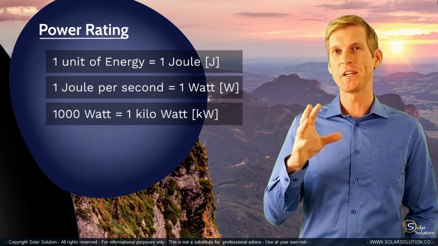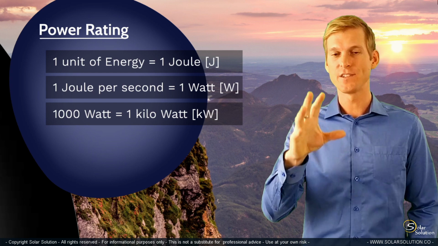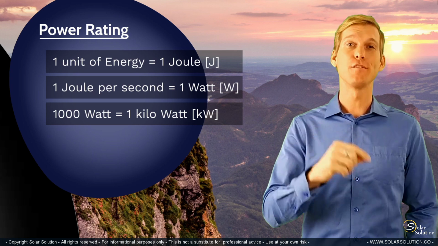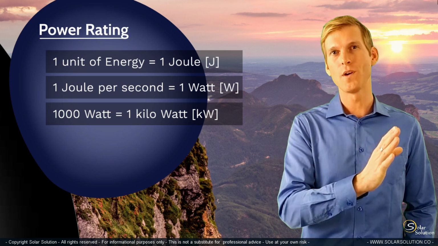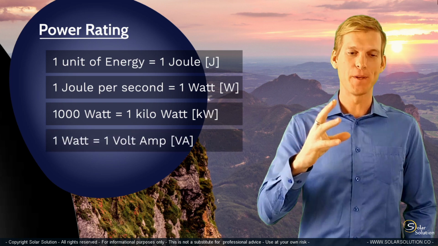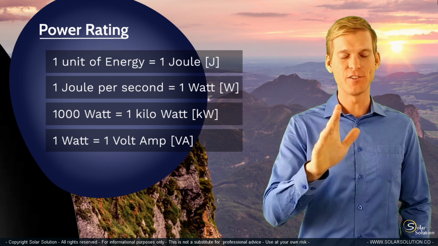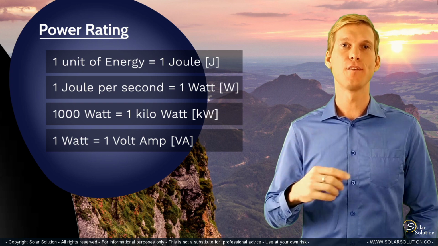Now it gets a bit more tricky, a bit more confusing when manufacturers or specification sheets are describing the term of volt amps, VAs, instead of watts. Now, under perfect ideal situations, 1 watt is equal to 1 VA, to 1 volt amp. But in more realistic, more average scenarios, you can assume that 1 watt equals around 0.75 VA.